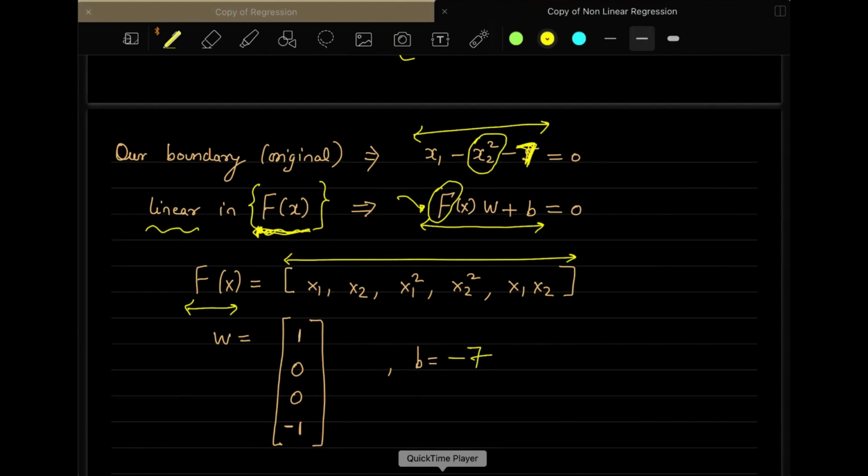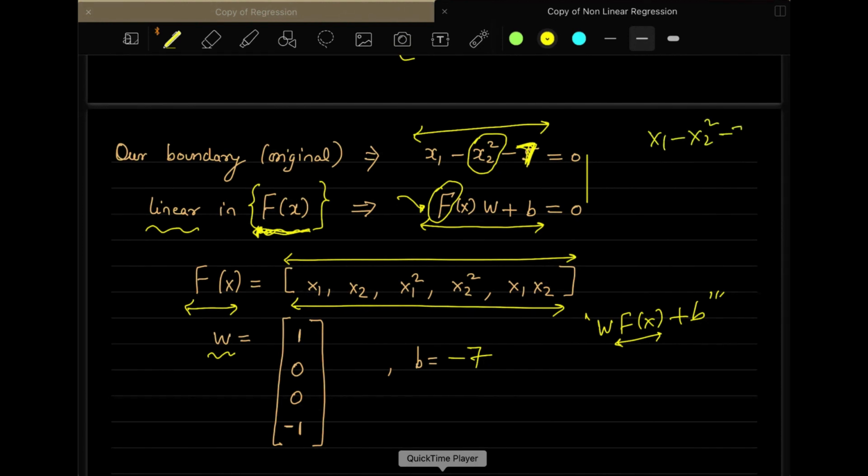The feature vector F(x) is this, which you already know, but what are the weights w that you attach with F(x) so that it represents x1 minus x2 square minus 7?